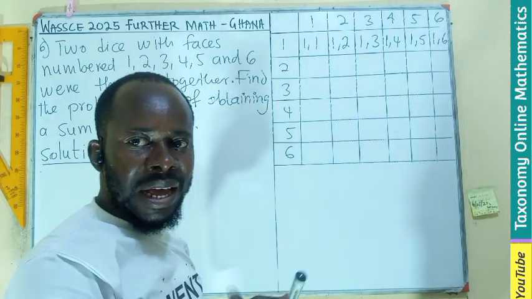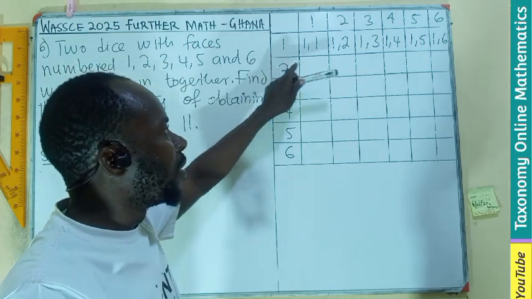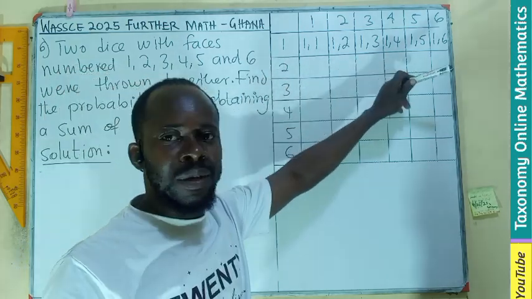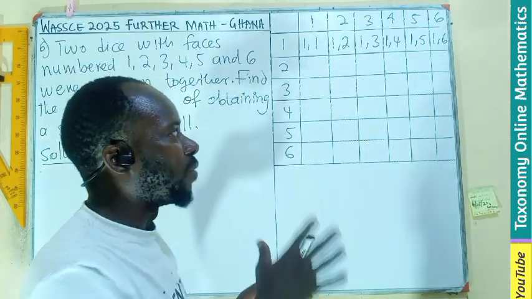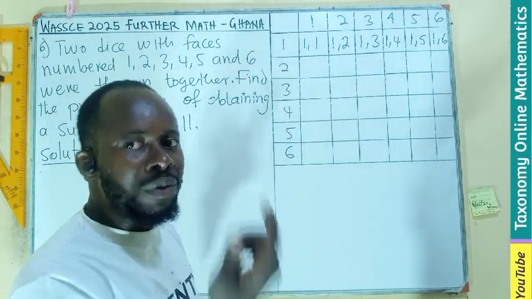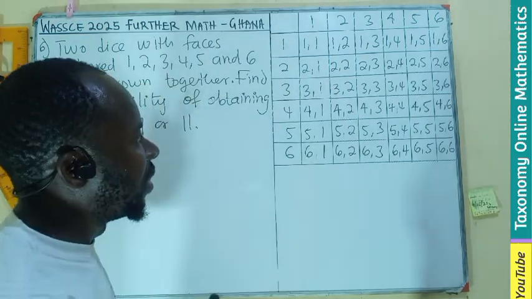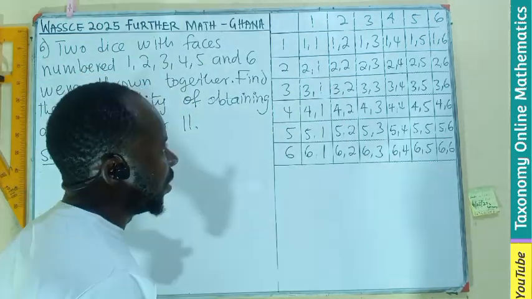So you can see the chances that it could be this number showing followed by this. Those are the various sample space we have. I'm going to generate the remaining part, which I'm sure you can pause the video, generate, and come and meet me back. Alright, so you can see all this sample space.